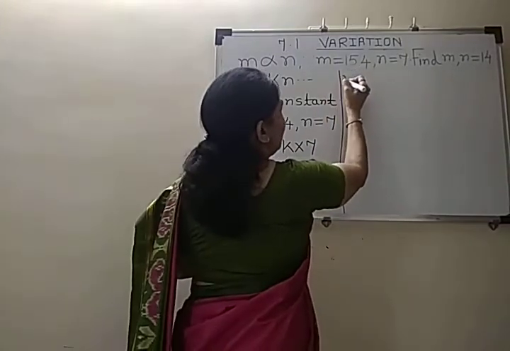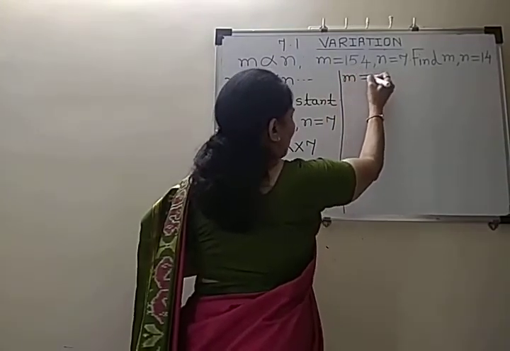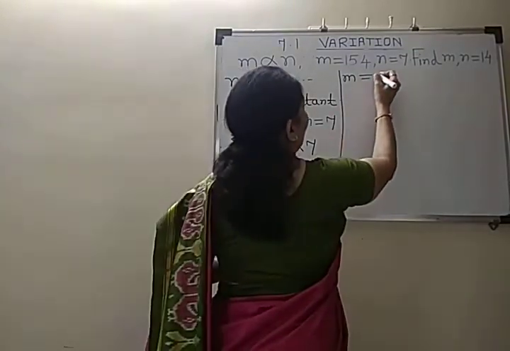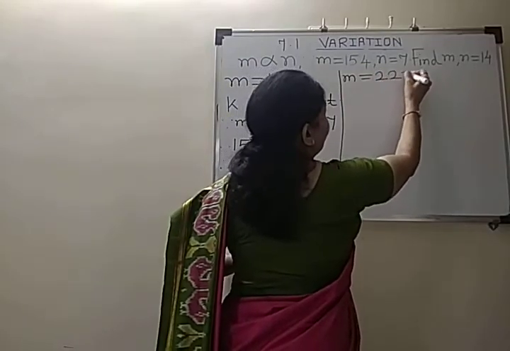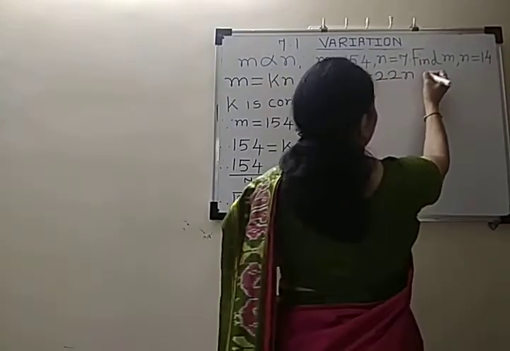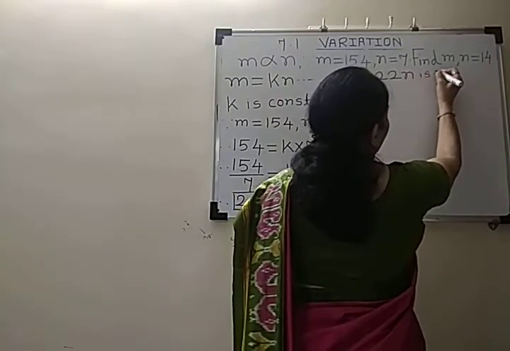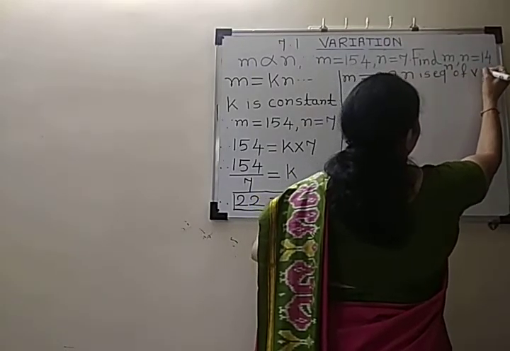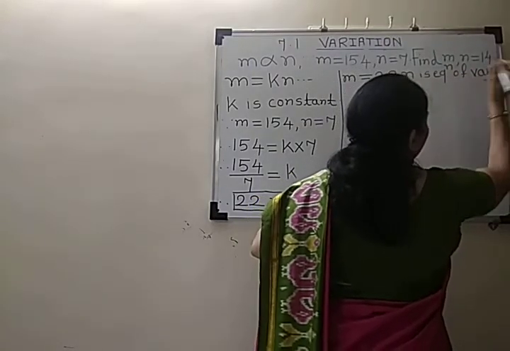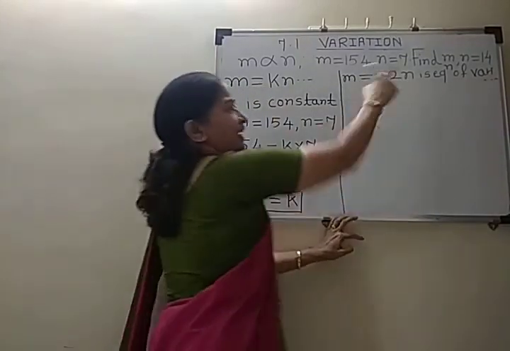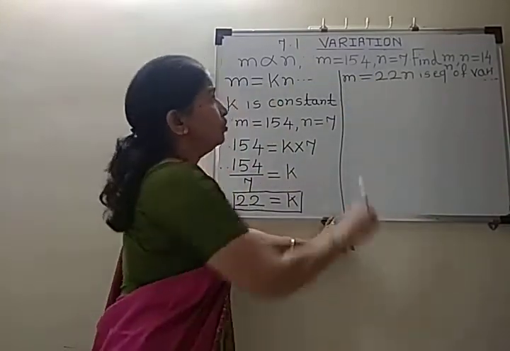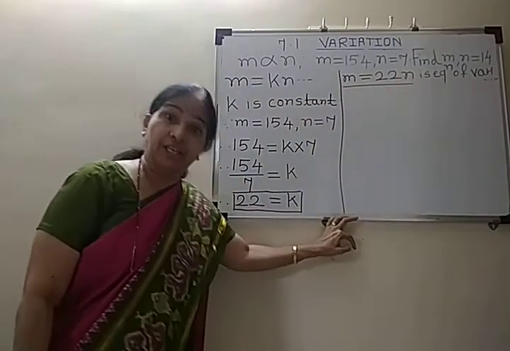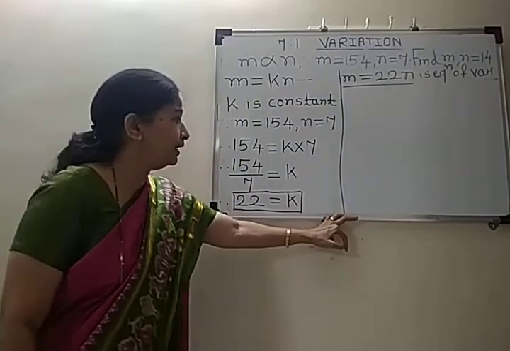Means M is equal to, what's the value of k you got? 22 into N is the equation of variation. Okay, complete that word, variation. Now M is equal to 22N is the equation of variation.